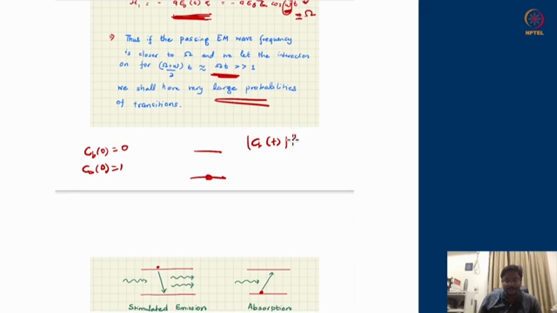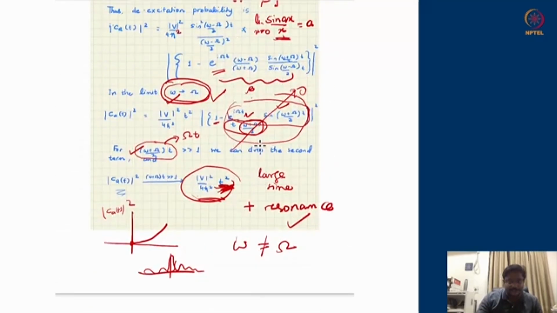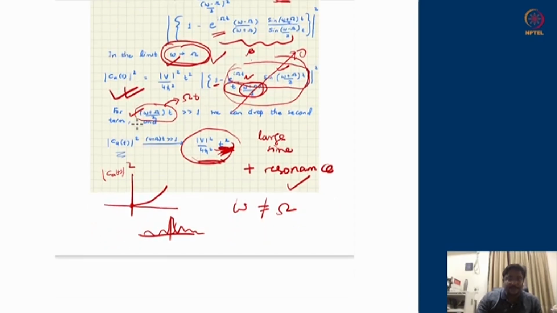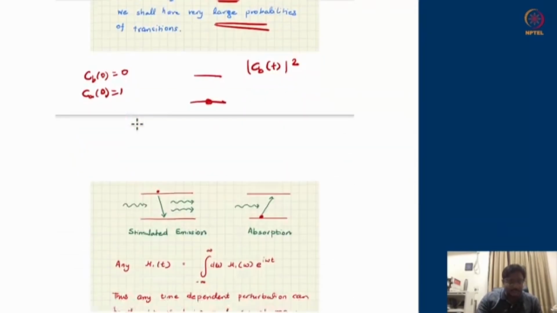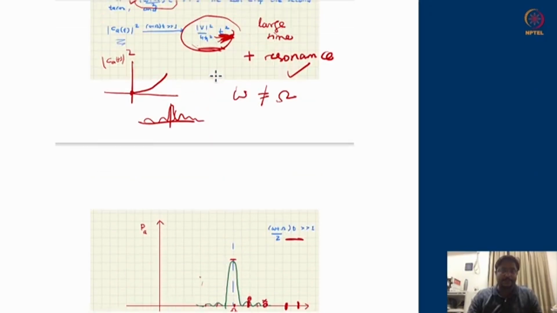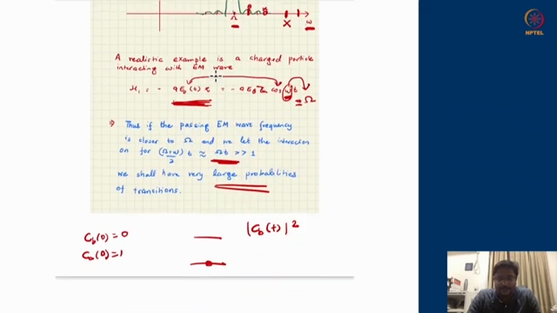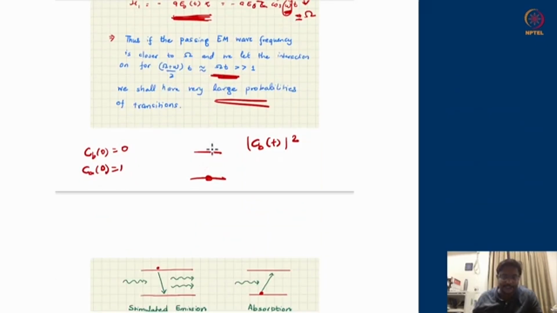CB mod t square will exactly become the same expression we have just derived. That means if you are excited in the beginning, then your de-excitation probability becomes directly proportional to t square, and if you are in the ground state to begin with, your excitation probability becomes proportional to t square with exactly the same coefficient.